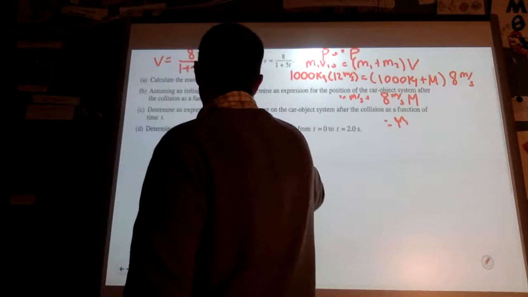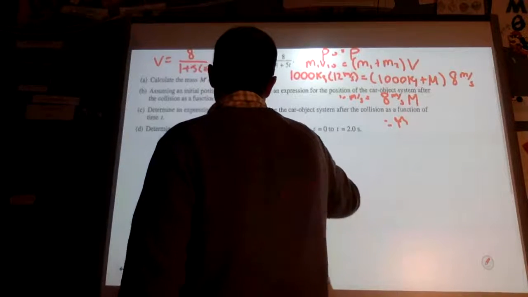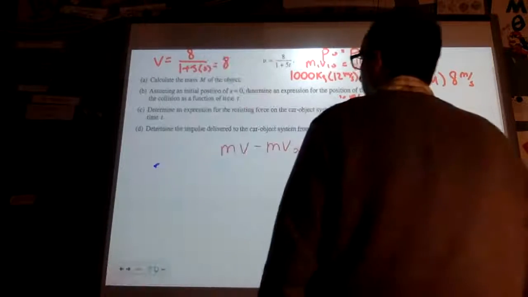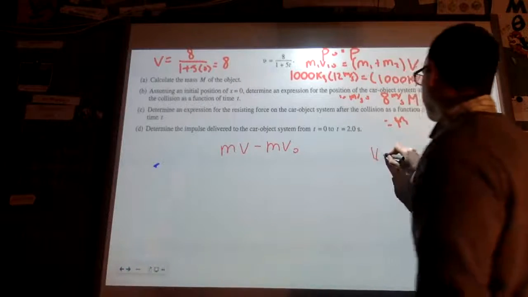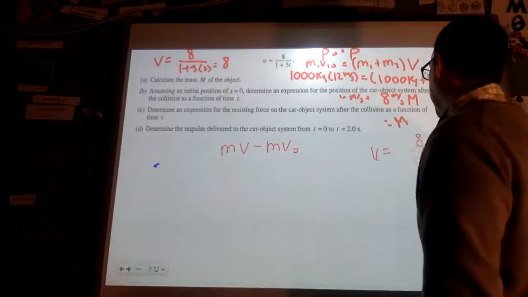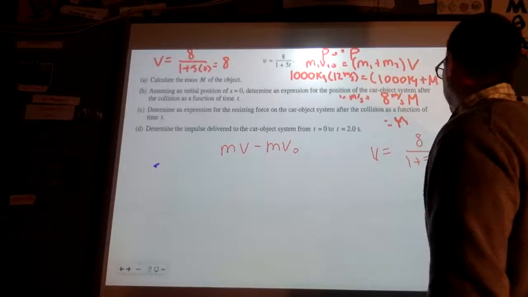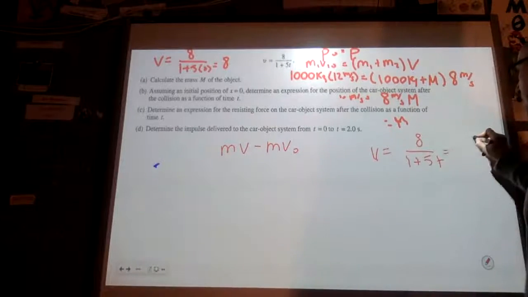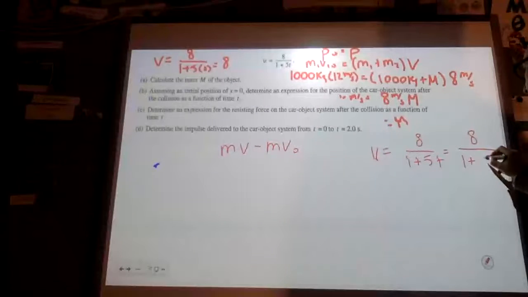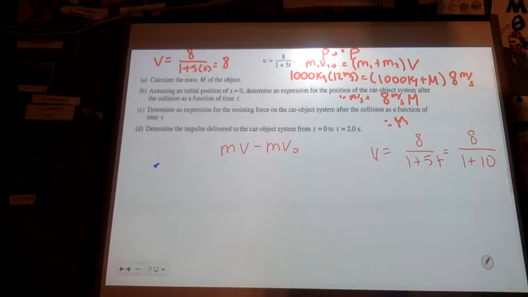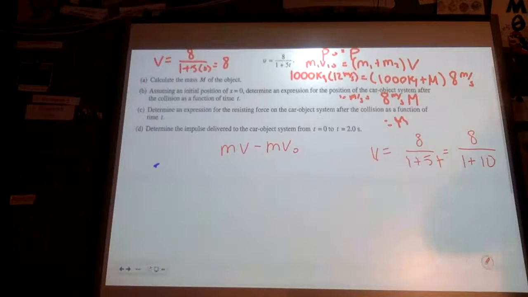So you could take mv minus mv naught. So v at 2, v is 8 over 1 plus 5t, so this is going to be 8 over 1 plus 10.